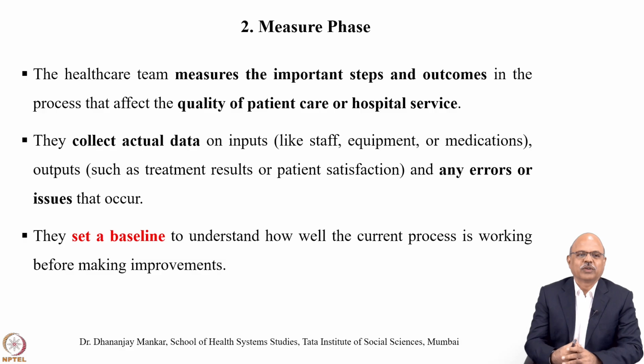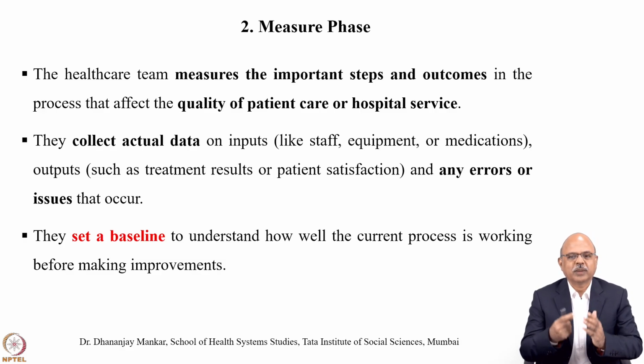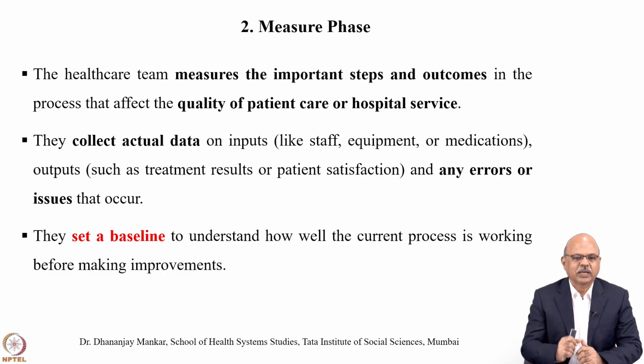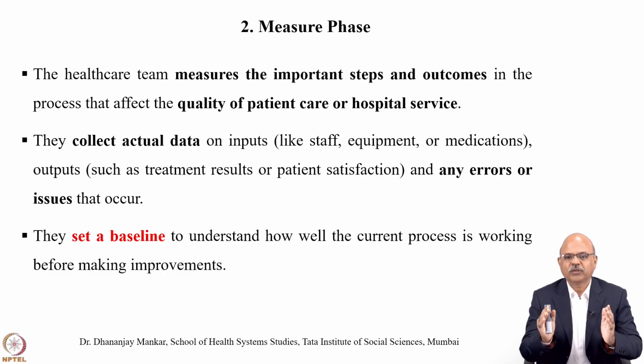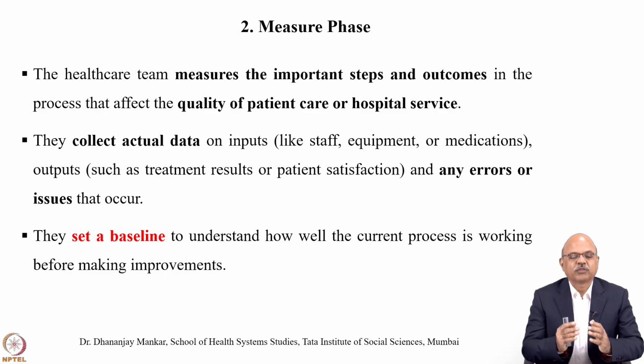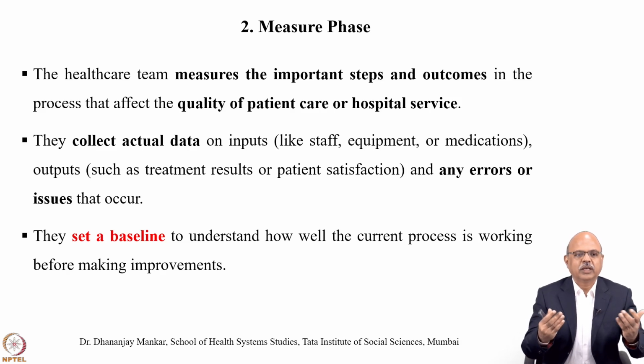Now comes the measure phase. The healthcare team measures the important steps and outcomes in the process that affect the quality of patient care or hospital service. They collect actual data on inputs like staff, equipment and medications, outputs such as treatment results or patient satisfaction, and any errors and issues that occur.